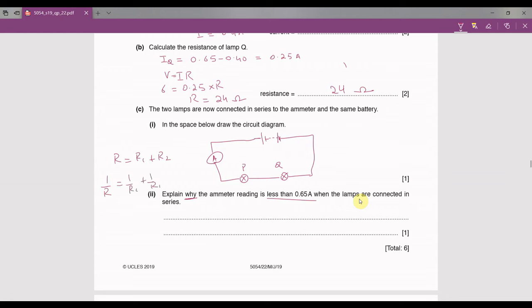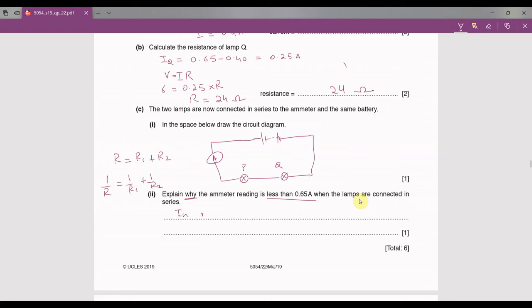You can clearly see from the equation that when the lamps are connected in parallel, their combined resistance will be less than the smallest lamp. But if they are connected in series, the combined resistance will be larger than the individual resistances. So the resistance is increased, and more resistance means less current. It's a pretty simple answer.